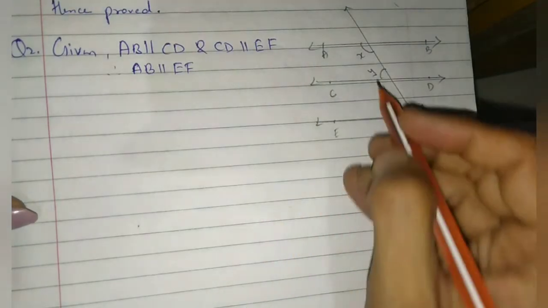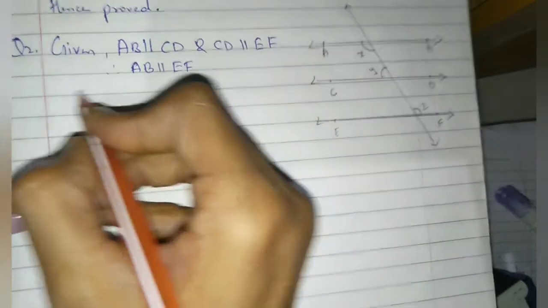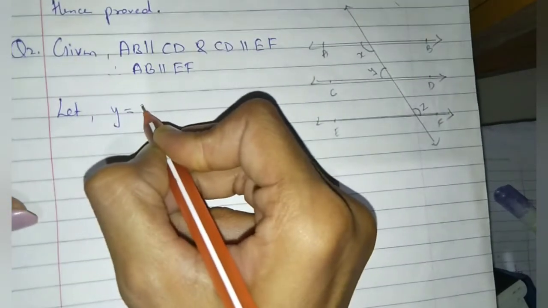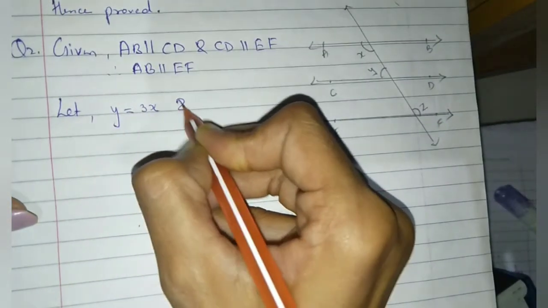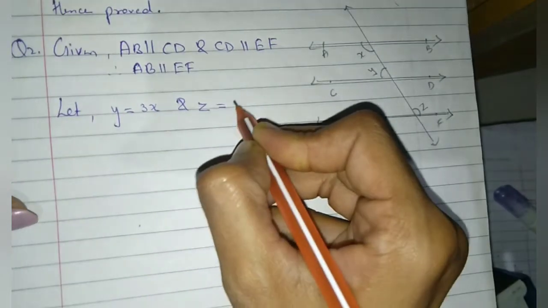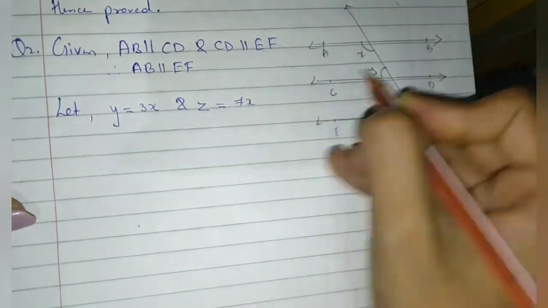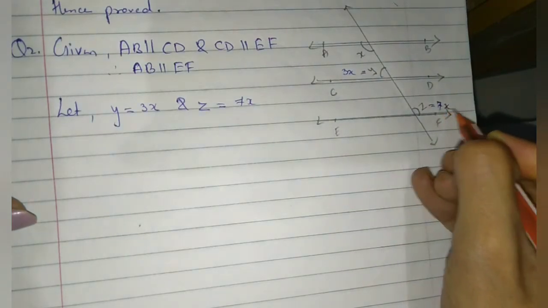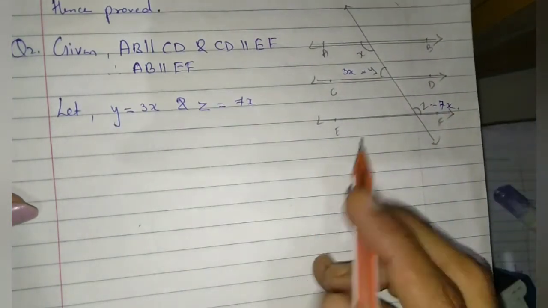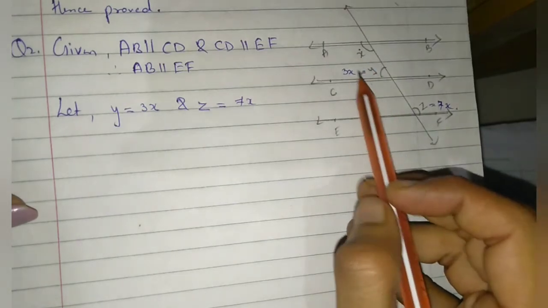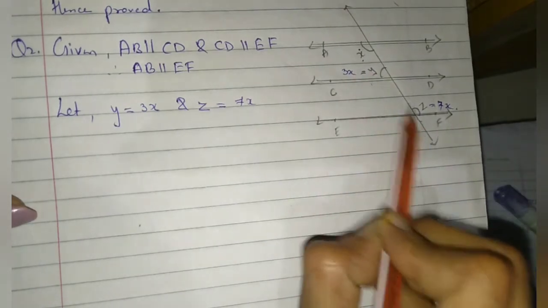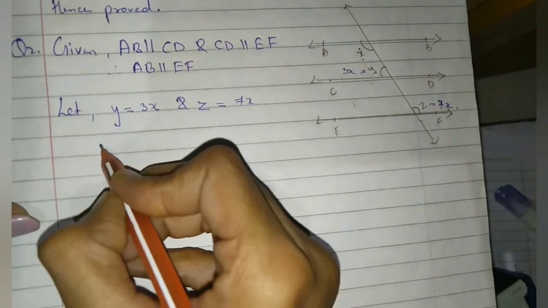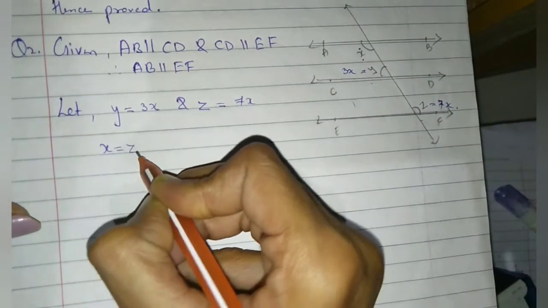Now we have y and z, so let y equal to 3x and z equal to 7x. Here y equal to 3x and z equal to 7x. Now x is equal to z.